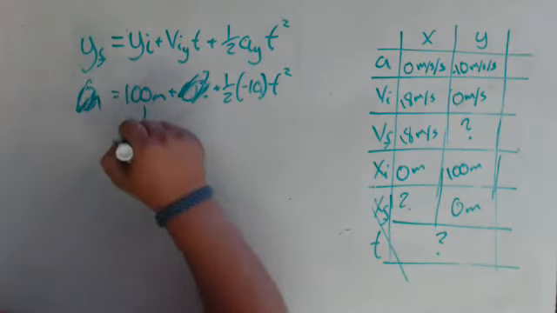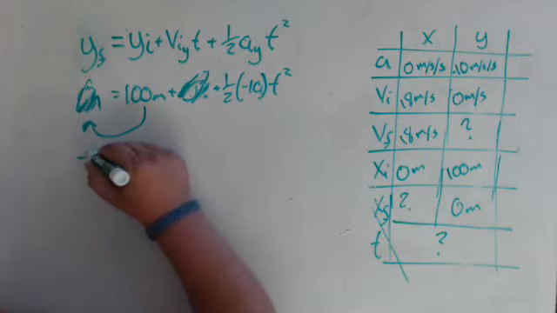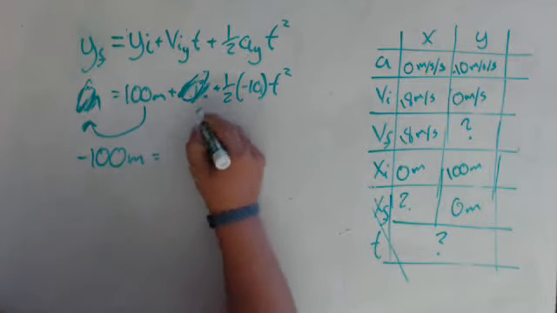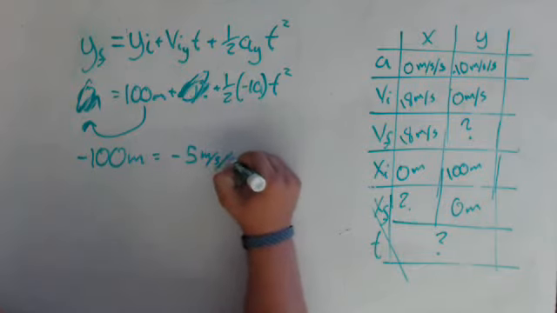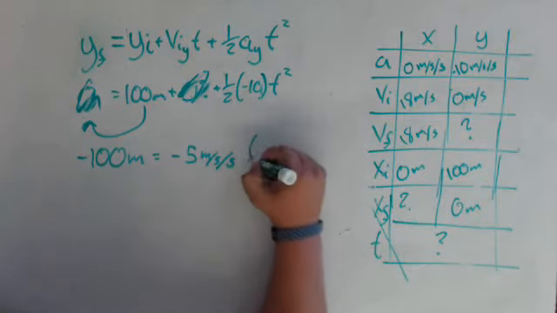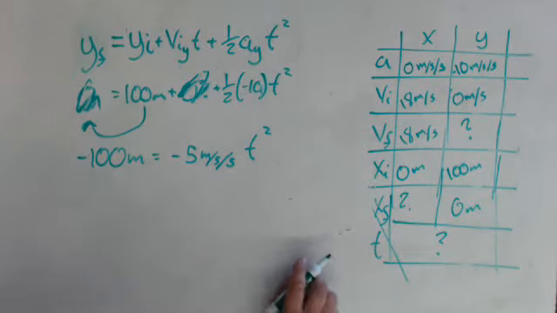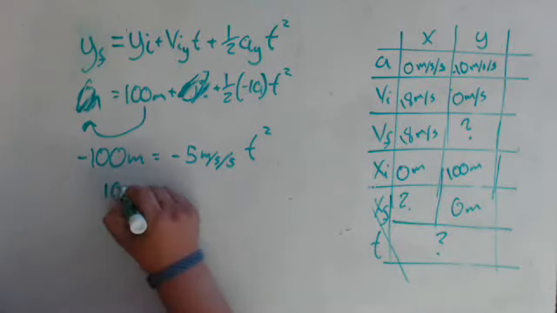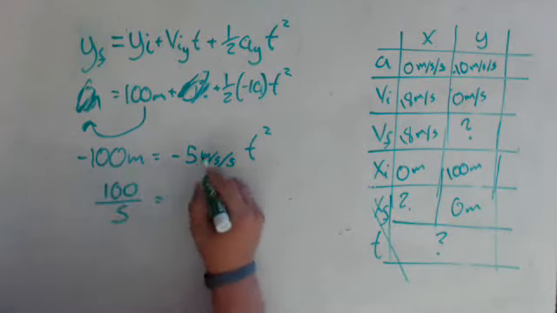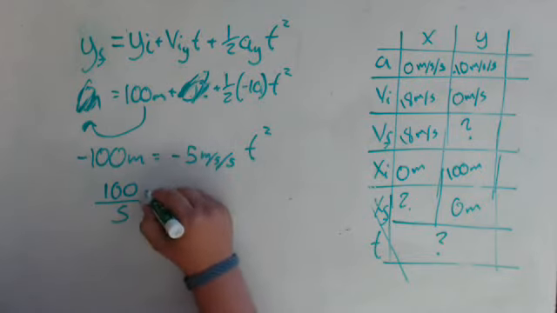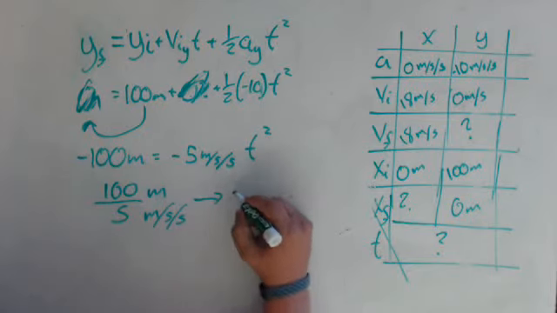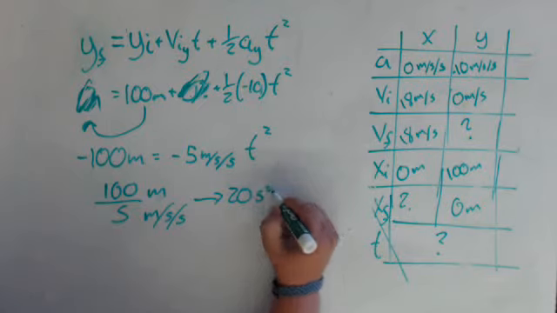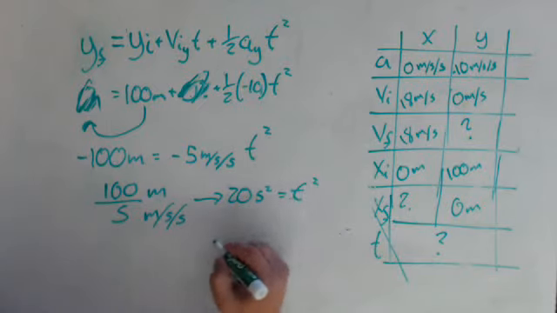Bring this over to the other side. I'm left with negative 100 meters is equal to negative 5 meters per second squared times t squared. Keep forgetting to put my units there. So bring that over. I'm left with 100 over 5, which translates, I'll just do the math really quick, 20 seconds squared equals t squared.